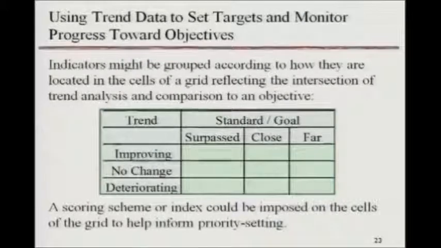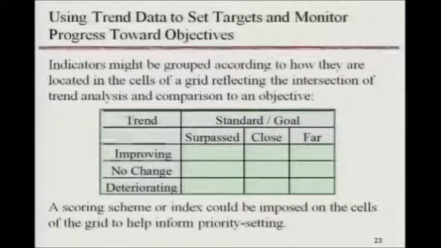If I thought about having this matrix for 25 indicators, in each cell I could be writing, of course, this is the best. We're improving over time, and we've already surpassed, meaning we've met the standard or goal, so we're better than the standard or goal. How many indicators are we here?